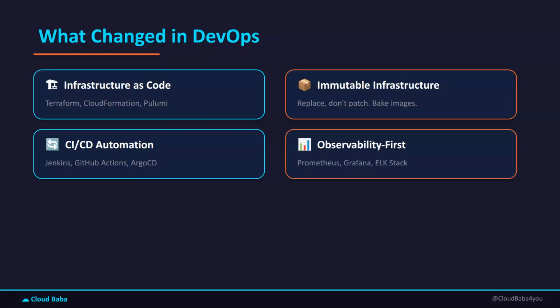You don't patch servers, you replace them: build your image, deploy fast. Third, CI/CD automation. Jenkins, GitHub Actions, Argo CD, so that every commit can trigger a safe rollout. Fourth, observability first. Prometheus, Grafana, ELK, CloudWatch, instrument everything before you ship.